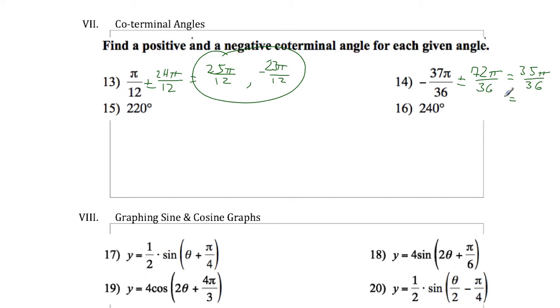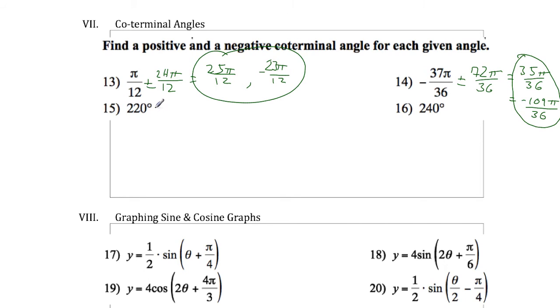And if we subtract that 72, we are going to get a negative 109 pi over 36. So these are the two coterminal angles there.